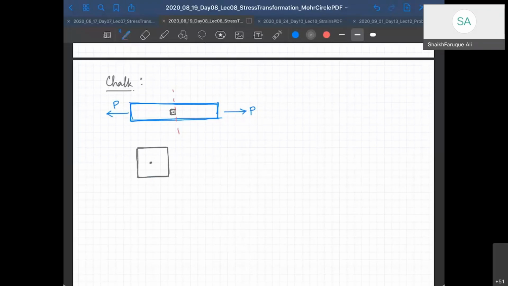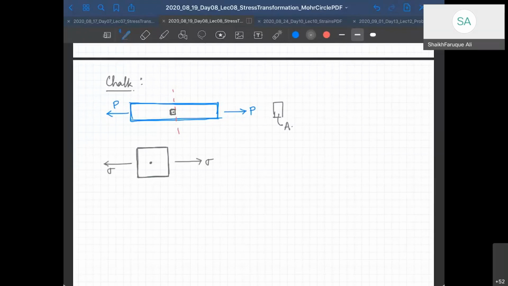The cross-sectional area is, let's say, A. What is the stress that is acting there? Just normal stress. Very good, Archie. So here is a normal stress, sigma, and here is another normal stress, sigma, right?